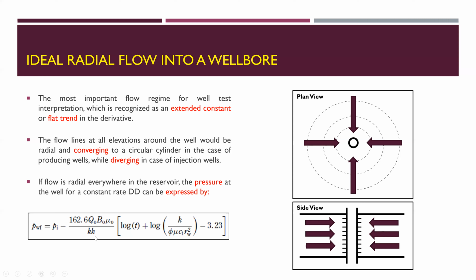Based on this, we have a final equation that presents a relationship between the logarithm of time and the pressure, which is what we know as semi-log. So radial flow is very important again because it represents the response of the reservoir itself, not affected by boundaries or any other factors.